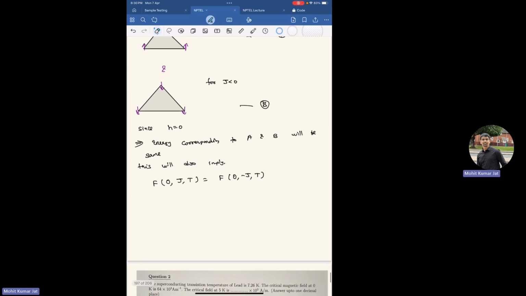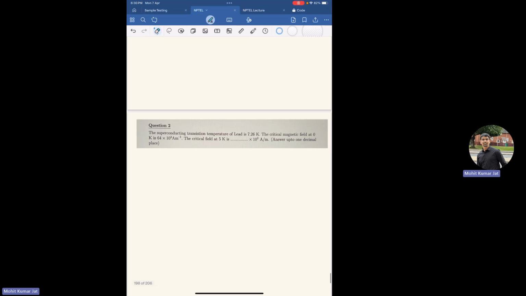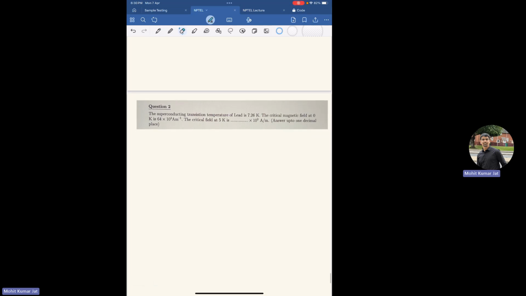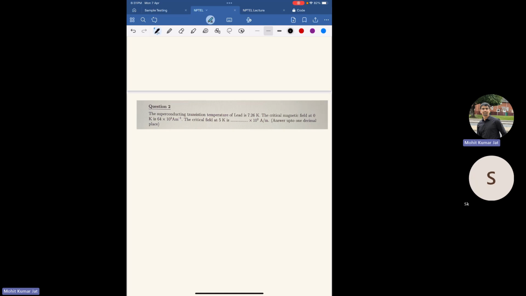Now, having said that, let's move on to question number 2, which is: the critical temperature of lead is 7.26 Kelvin. The critical magnetic field at 0 Kelvin is given as 64 into 10 power 3 ampere meter inverse. The critical field at 5 Kelvin is asked. So we know the relation, as it has also been discussed in the class, I will write it again.